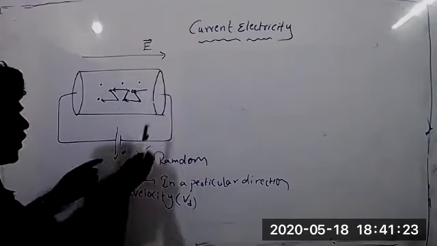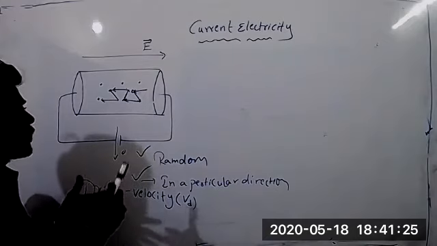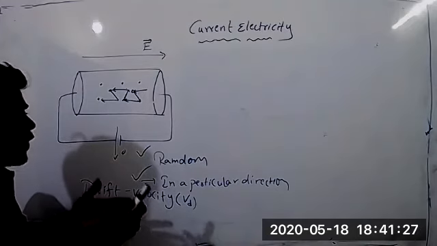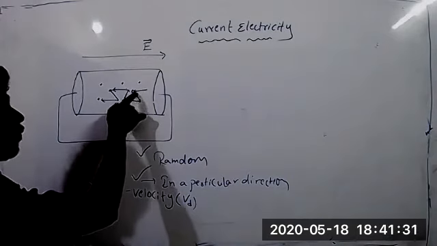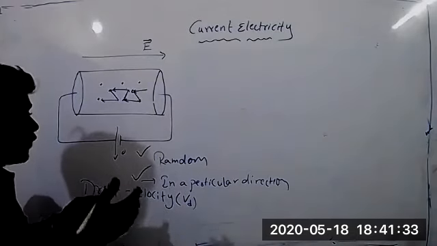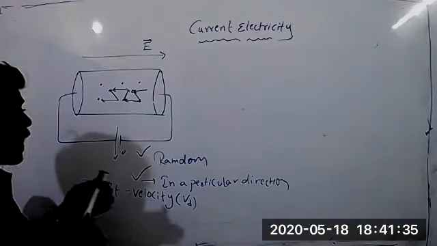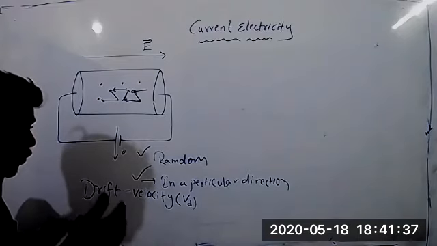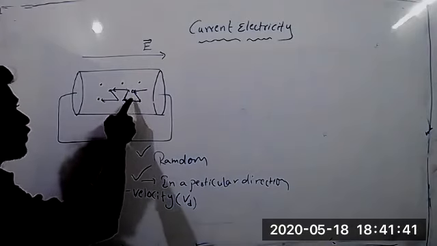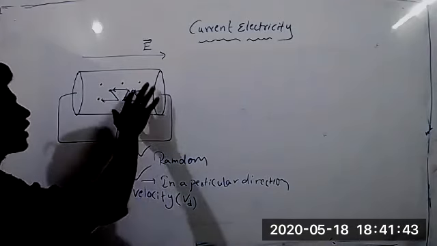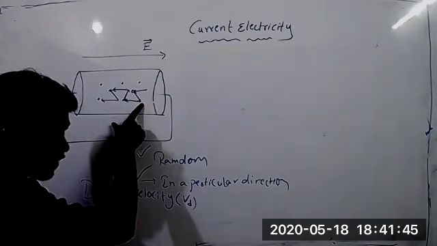Due to this potential difference, it will get some amount of energy. With that energy, it is moving like this. Once it is moving with velocity, it is going to accelerate. When it accelerates, it will collide with one more particle. Again, it loses some energy and goes like this.